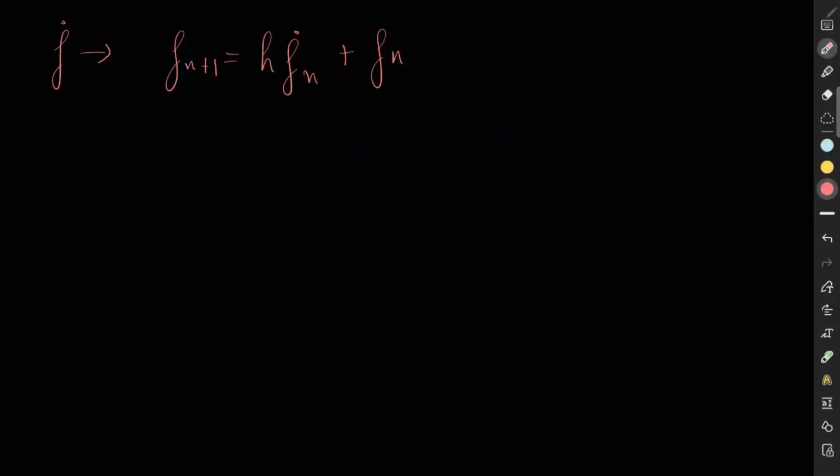It's effectively using the first order Taylor expansion for this, taking it from a continuously varying function f onto just some discrete function f_n. So that's what the Euler method is, in case you didn't know.